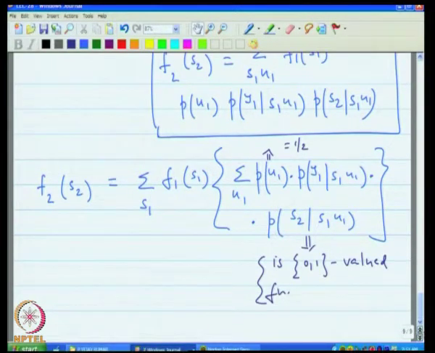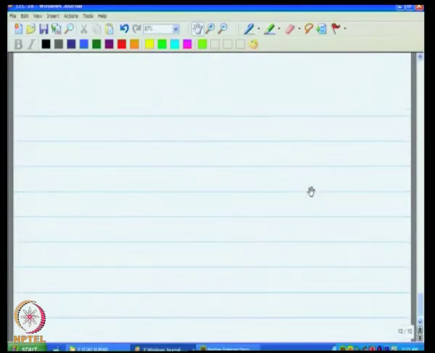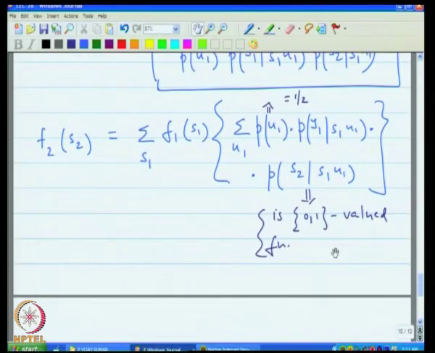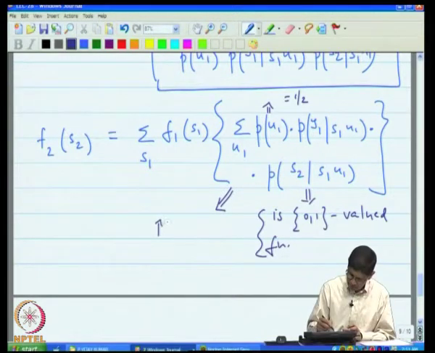and if you think a little bit more about it, this computation can be viewed as a matrix multiplication, where this entire inner term here, you can call as some gamma of S2 comma S1.